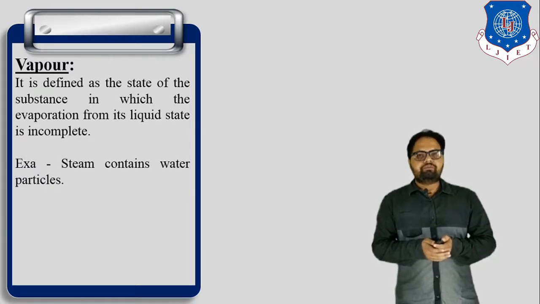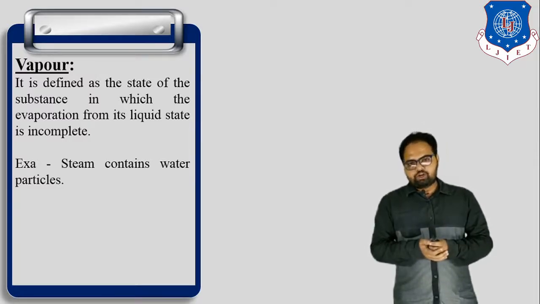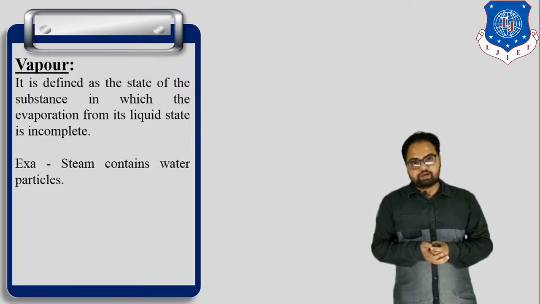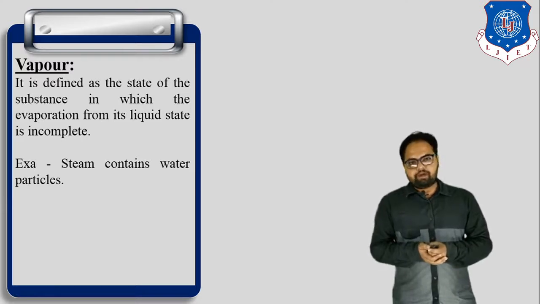Dear students, there is a huge difference between vapor and gas. Vapor is defined as the state of the substance in which evaporation from its liquid state is incomplete. Examples of vapor are steam containing water particles, wet steam. These are all examples of vapor.